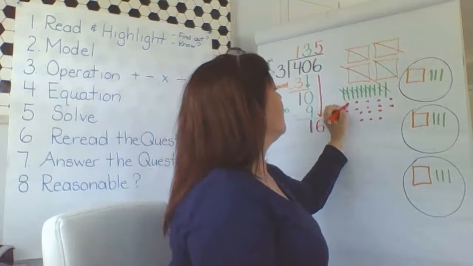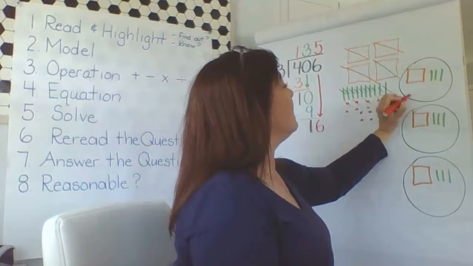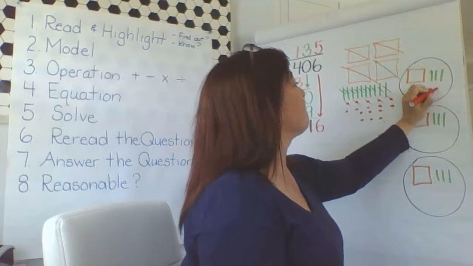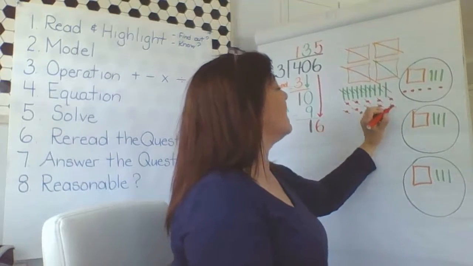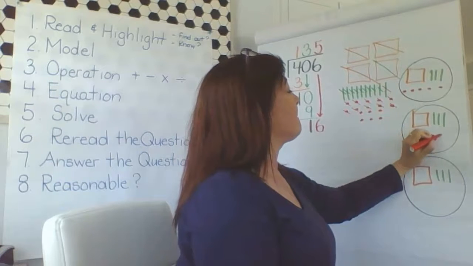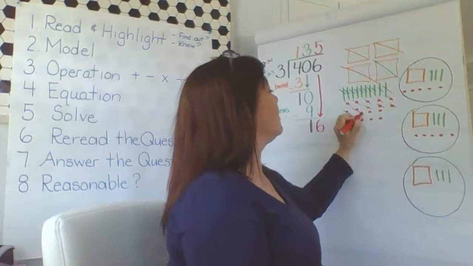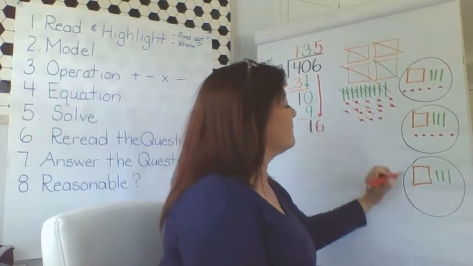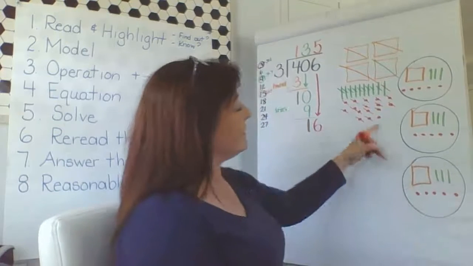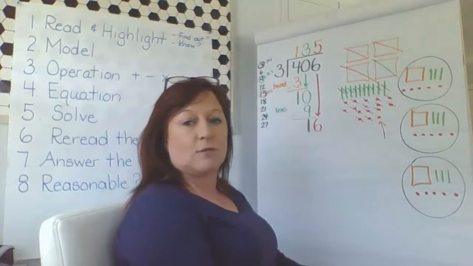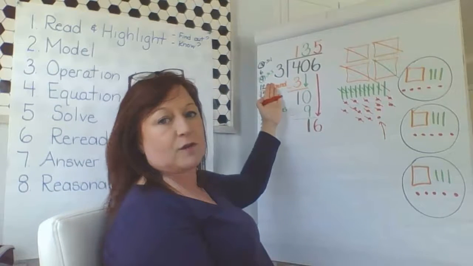So 1, 2, 3, 4, 5 in each group. That leaves me with a remainder of 1. How does that work over here?